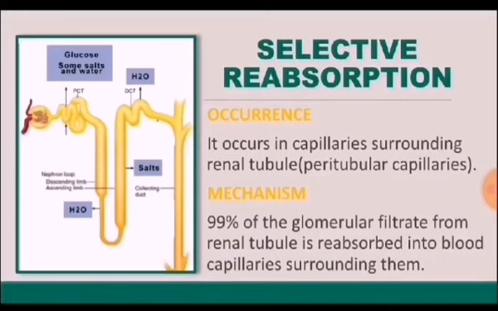Most of the selective reabsorption occurs in proximal convoluted tubule. The salts and water are reabsorbed in loop of Henle, whereas again reabsorption of water and salts occurs in distal convoluted tubule.